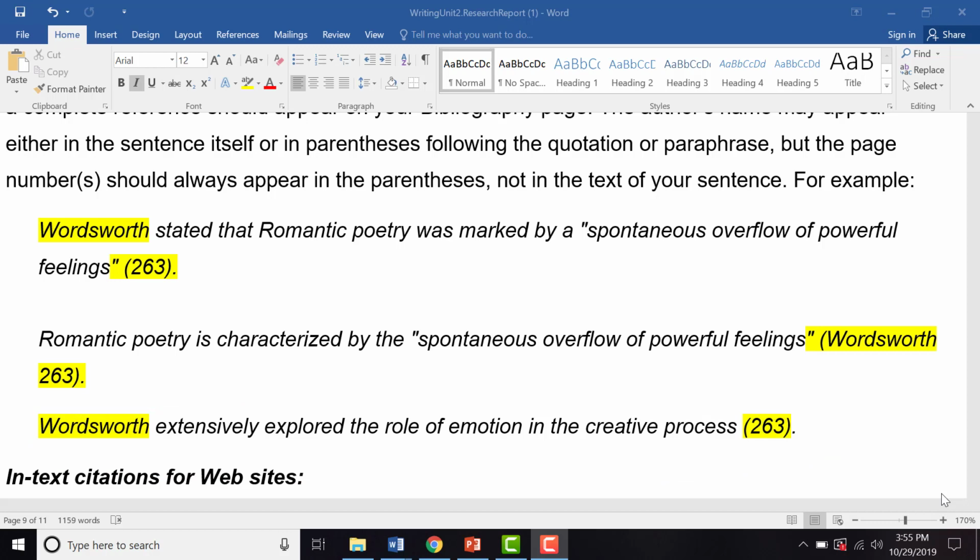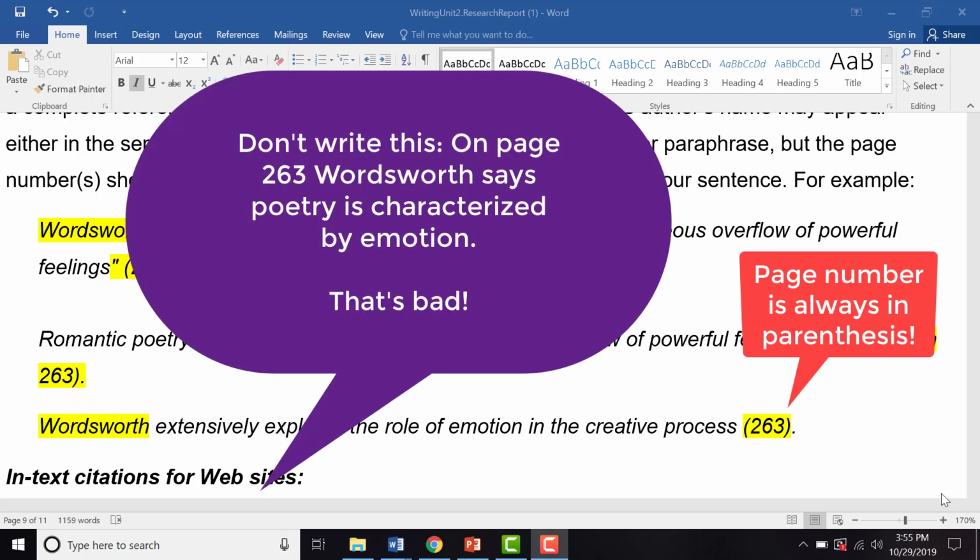Wordsworth extensively explored the role of emotion in the creative process, page 263. Most importantly, what I want you to notice is that the page number is always in parentheses. It is never part of the actual sentence.